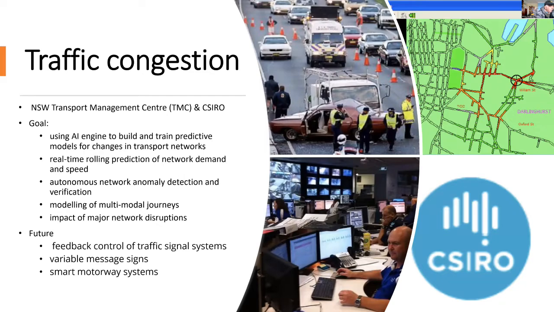I was also interested in traffic congestion. I had many projects in the Transport Management Centre, including connecting up to 2,500 closed-circuit TV cameras, variable message signs, and traffic signals.